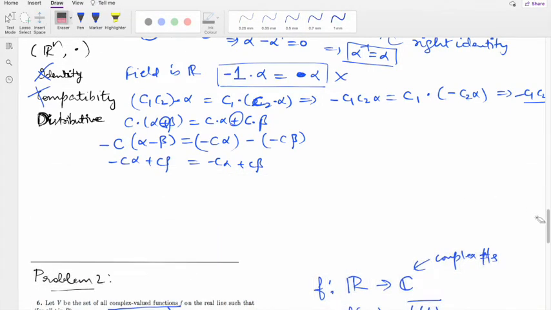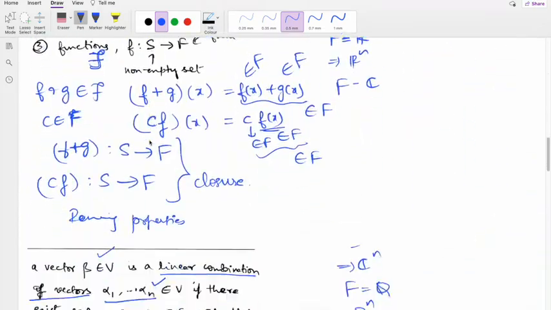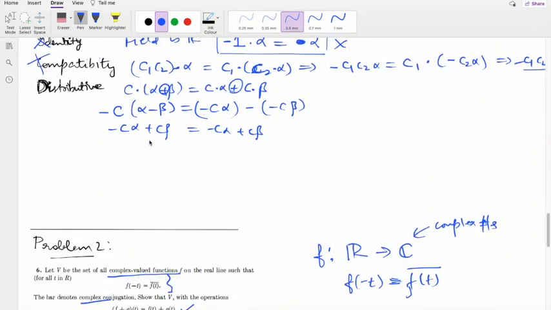That is fine. And in distributive we have another property, which talks about the scalar addition being distributive over the vector multiplication. So c1 plus c2 dot alpha should be equal to c1 dot alpha plus c2 dot alpha, right? This addition is the addition defined on the real number space, over the field. This plus is that field addition, so this is fine. This is a scalar, so dot alpha is just minus c1 plus c2 times alpha by definition.